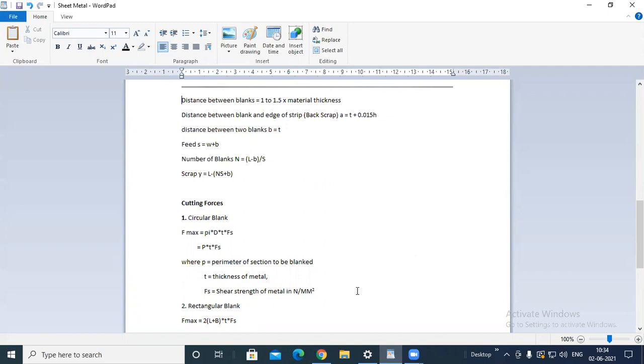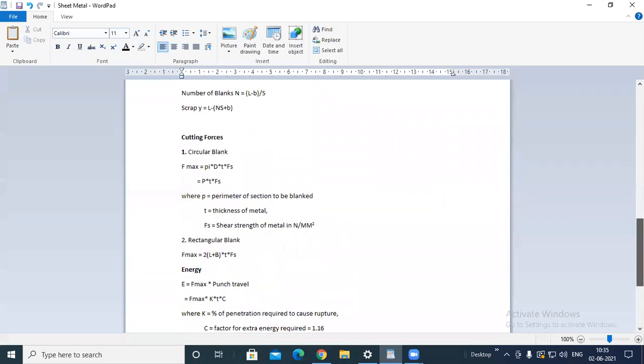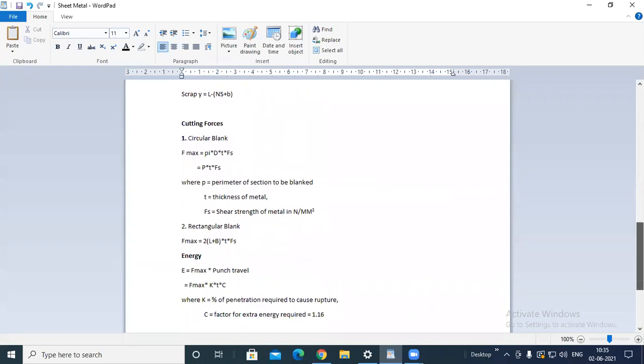Now we are going to see the energy. That is the energy required in press work, which is nothing but the work done to make a cut. For that, the formula is E equal to F max into punch travel. F max we have calculated over here, and the formula to calculate the punch travel is K into T into C, where K is the percentage of penetration required to cause a rupture.